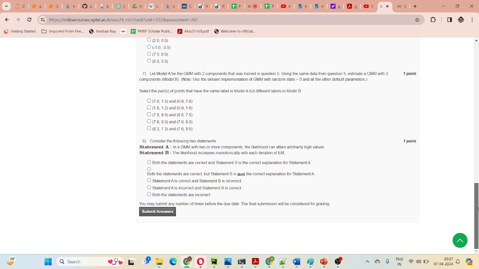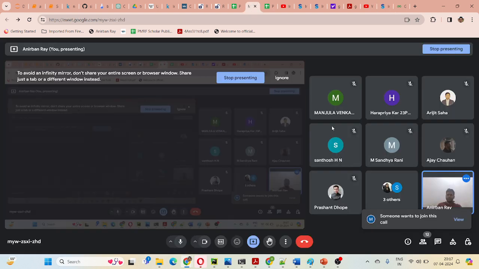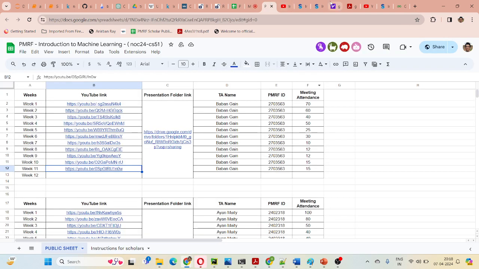A GMM with two or more components: the likelihood can attain arbitrary high values. With two or more components the likelihood increases. Statement B is correct, that is for sure. Any ideas here on statement A? B is correct, you think.